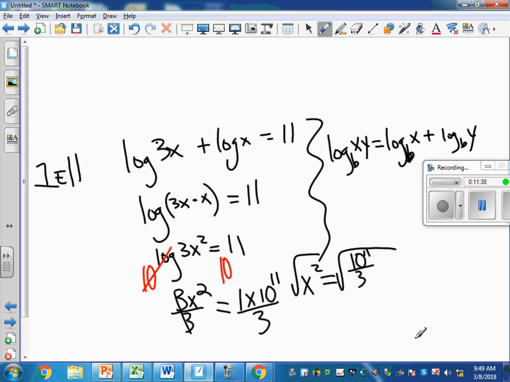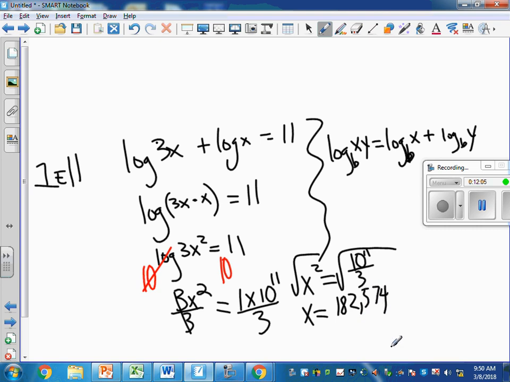So when I take the square root of that thing inside the square root, I get x is roughly 182,574.